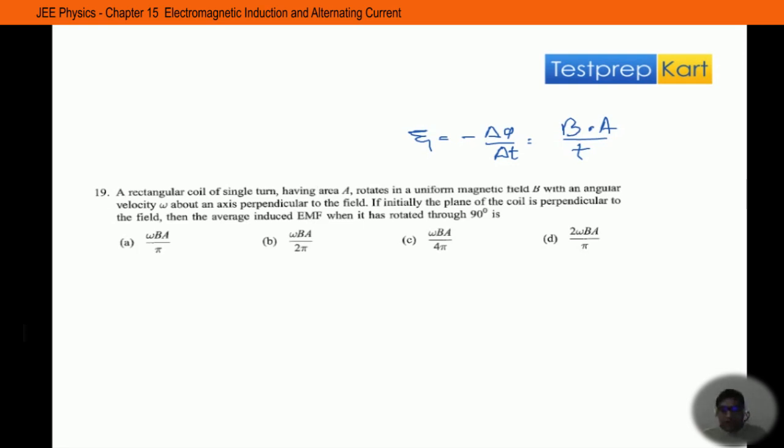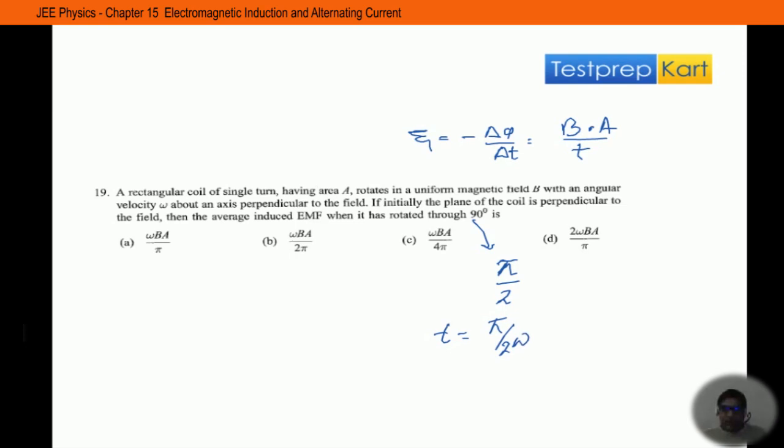But when the coil rotates through 90 degrees, the angular displacement is pi by 2, and angular velocity is given as omega. So we can calculate t, because omega t is equal to angular displacement. So t is pi by 2 omega.